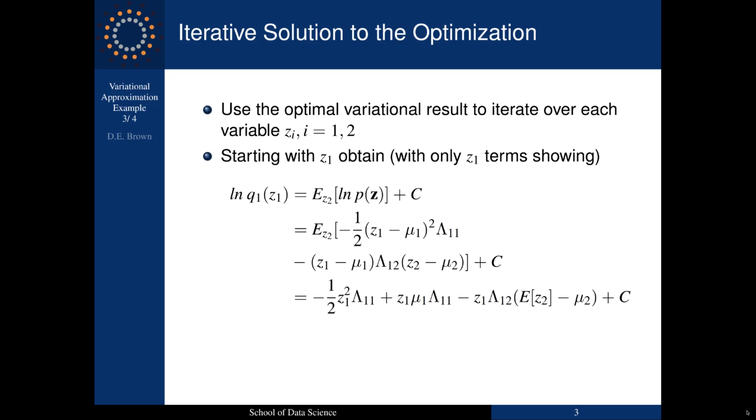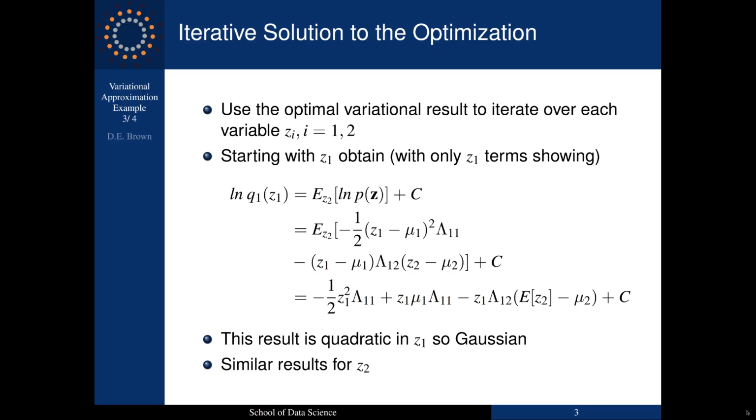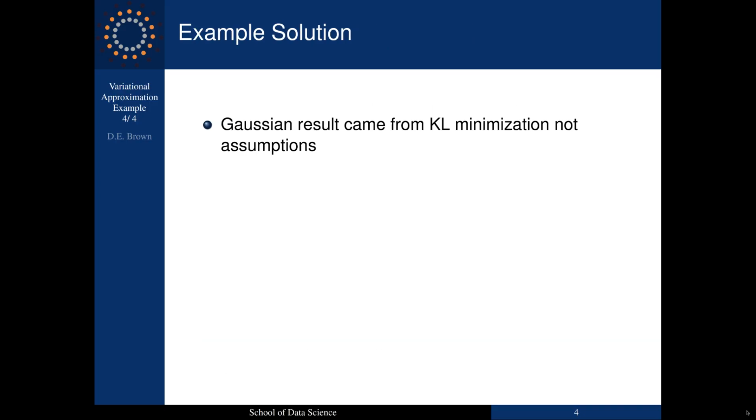And in the end, we get the result shown, which is a quadratic in z1. So the quadratic then suggests that this is a Gaussian, and we find the distribution then for z1 to be Gaussian. We can get a similar result. Obviously, these things are symmetric, so we'll get a similar result for z2. So z1 and z2 then are both Gaussian distributions.